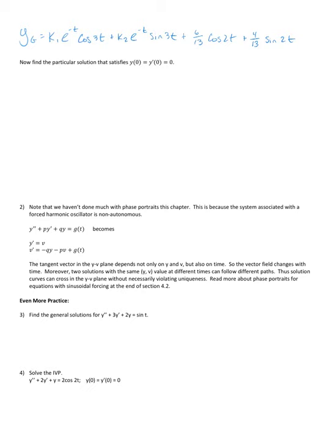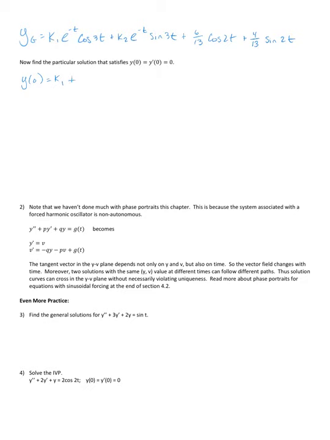Okay, so if I want to find the particular solution that satisfies y of 0 equals y prime of 0 equals 0, I'm going to start by plugging 0 into y general. Replace every t in y general with a 0. And I get y of 0 is going to be k1. Cosine of 0 is 1.